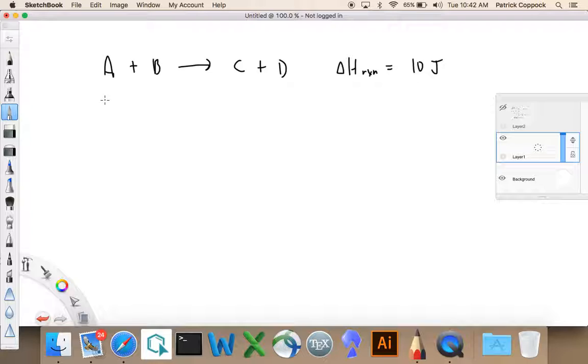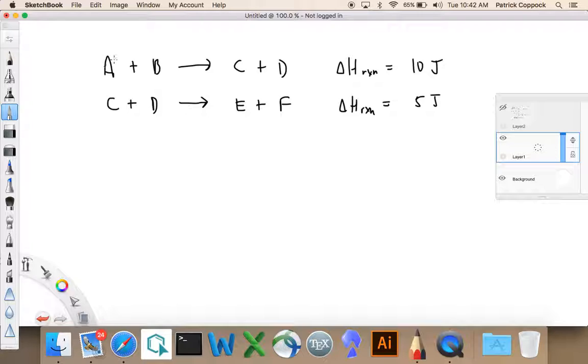Another reaction is C plus D produces E plus F. And this has a molar enthalpy of reaction of, let's say, 5 joules.